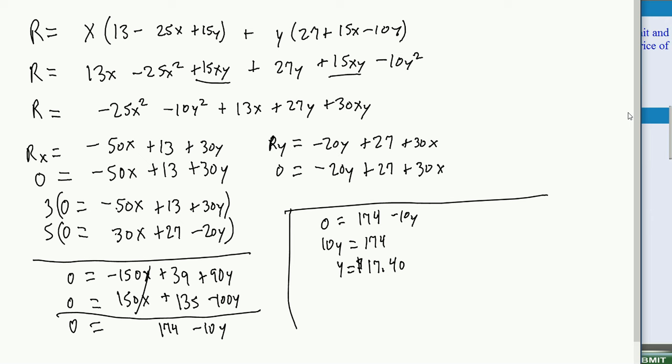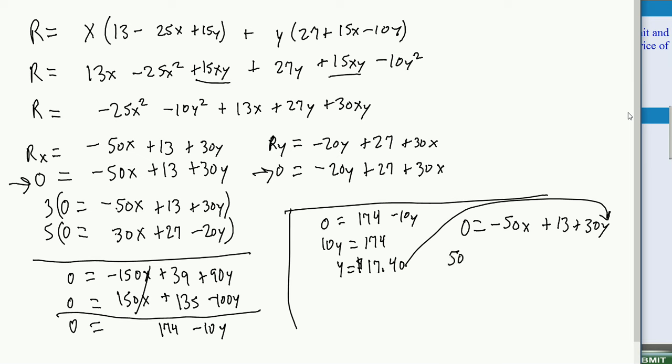Remember, these are prices, so that really basically means $17.40. We need an x value as well, so you can plug that y value into either one of your original equations here, where we had our first derivatives. Doesn't matter, either one we want to plug into. Let's plug into the first one, I guess. So 0 equals negative 50x plus 13 plus 30y. We know the y value, so we're going to plug that in.